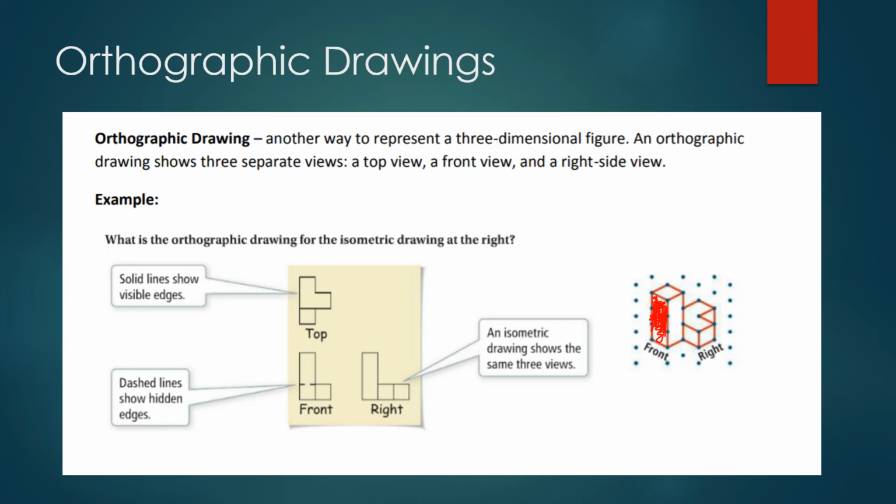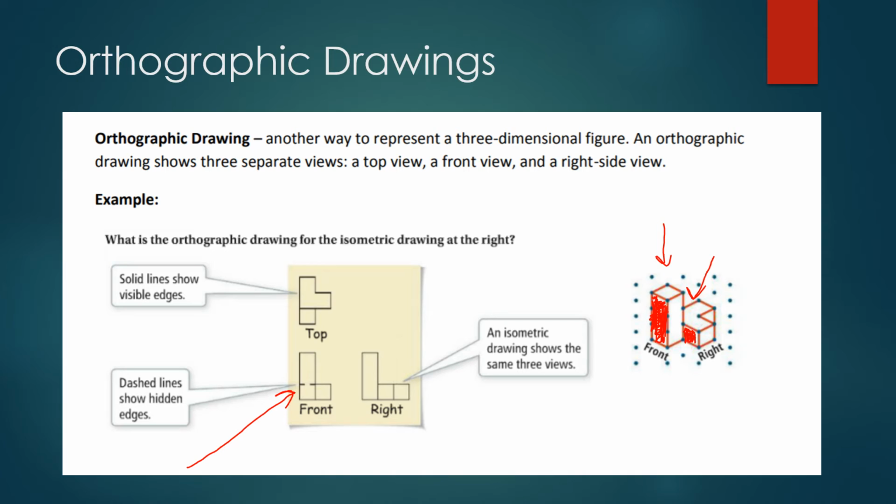So this is my front view. I could also see this square over here. But if you think about it, the front tower, this tower here, blocks part of this structure from behind. And that's why in the front drawing, they're showing a little dashed line to show that there is something behind this tower.